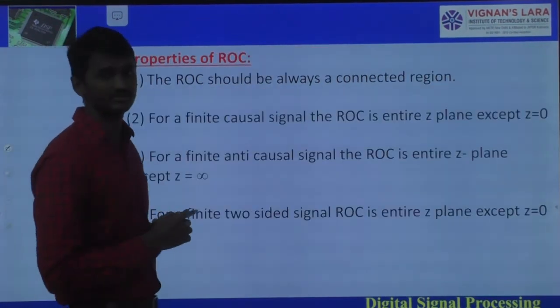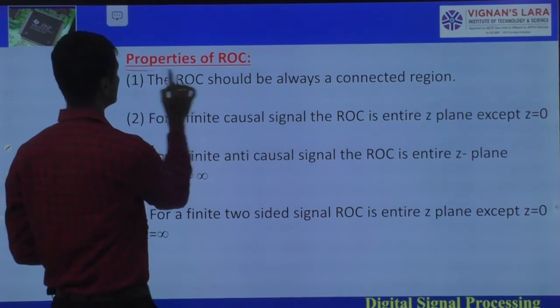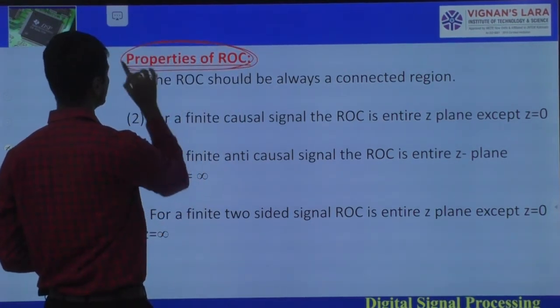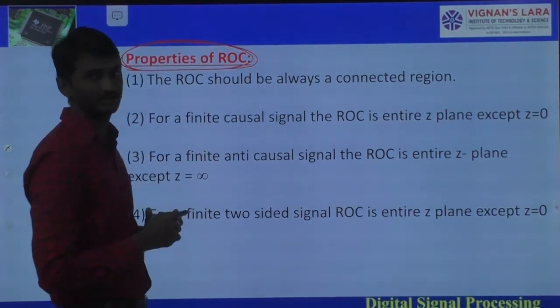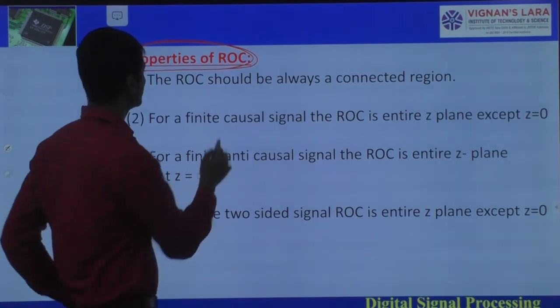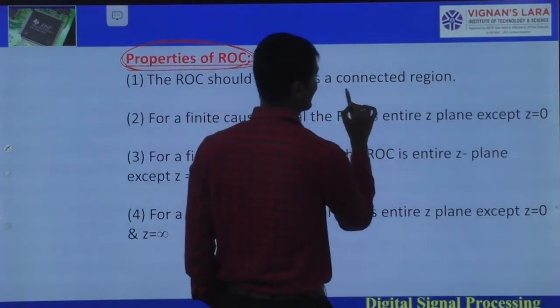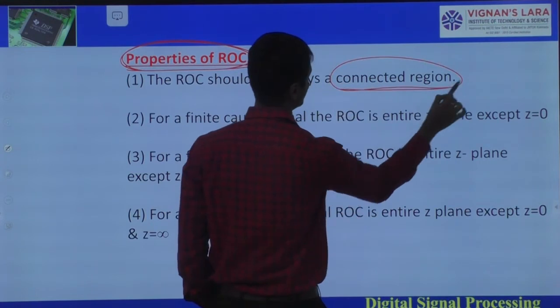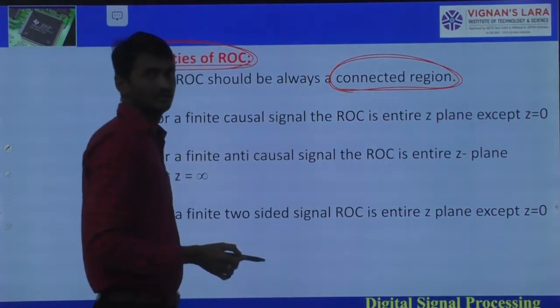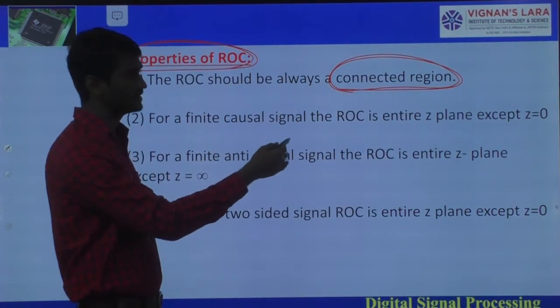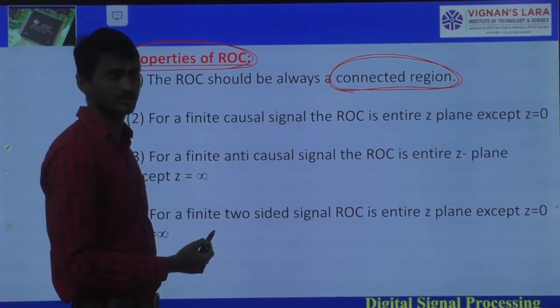So now we have to see the properties of ROC. These are very important. Here the ROC should always be a connected region. Later I will show all these things while doing the problems. Okay.